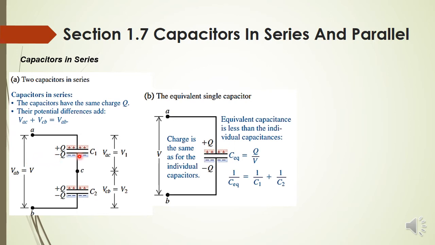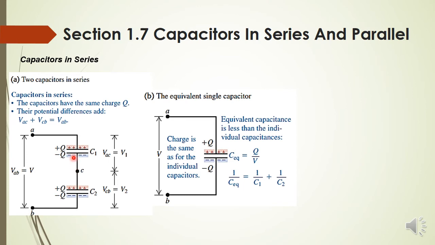To see why, note first that the top plate of C1 acquires a positive charge Q. The electric field from this positive charge pulls the negative charge up to the bottom plate of C1 until all of the field lines that begin on the top plate end on the bottom plate. This requires that the bottom plate has a charge of negative Q, which has to come from the top plate of C2.